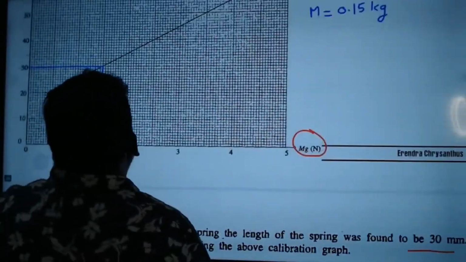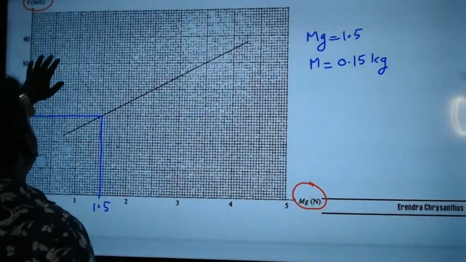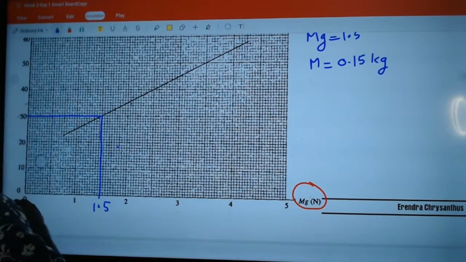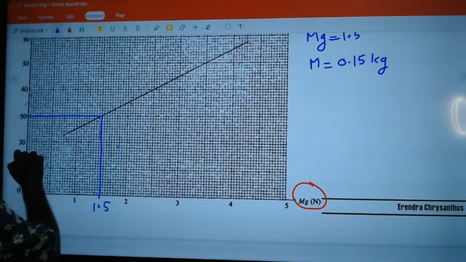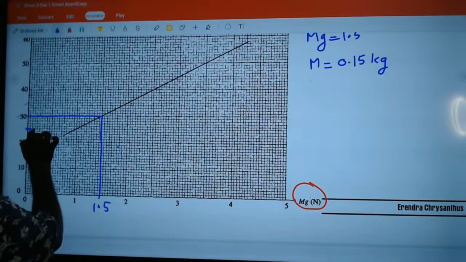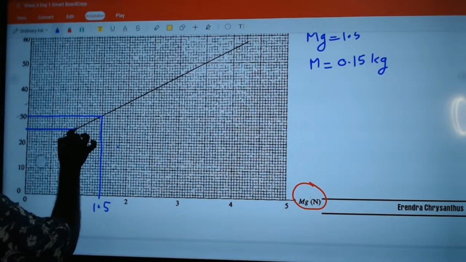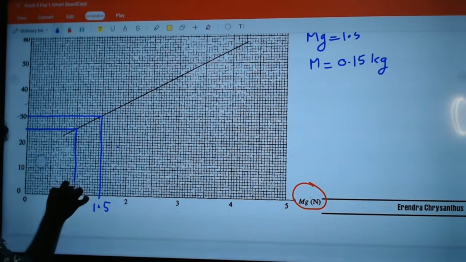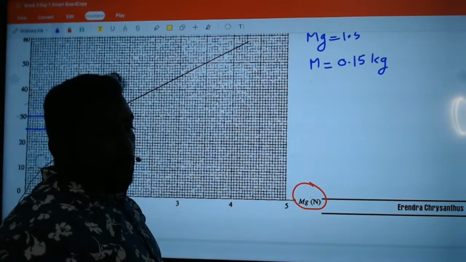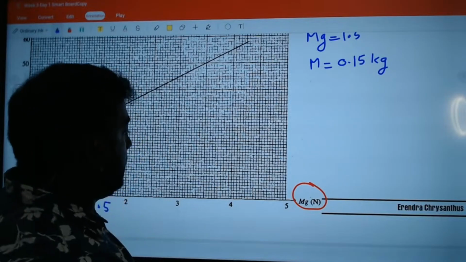Go back to the table. L equal 25 means 1, 2, 3, 4, 5. One Newton. This is the pulling force.